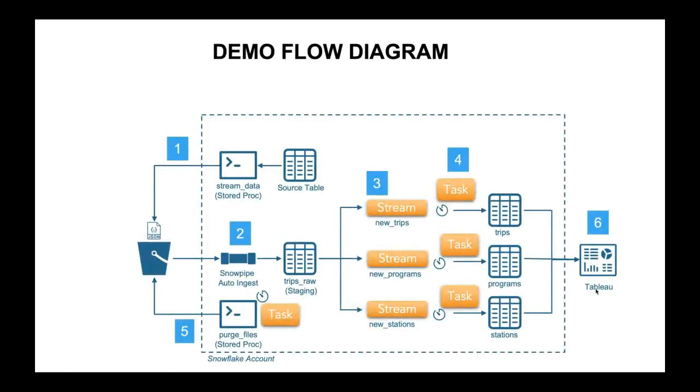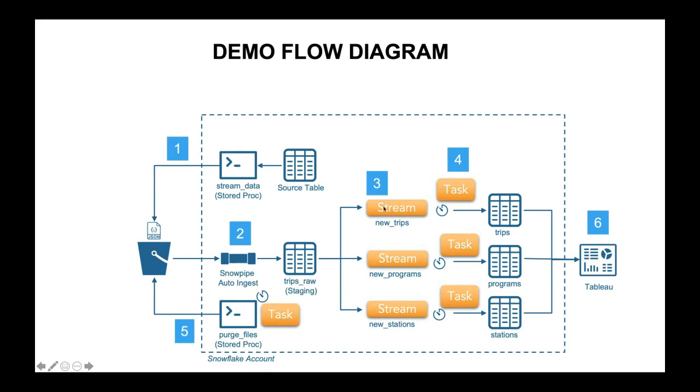So the flow of the demo looks a bit like this: I have a source table and a stored procedure which is going to generate files into my S3 bucket. That's step number one. Then Snowpipe auto ingest is going to load that data into a staging table, which I'm going to name trips_raw.